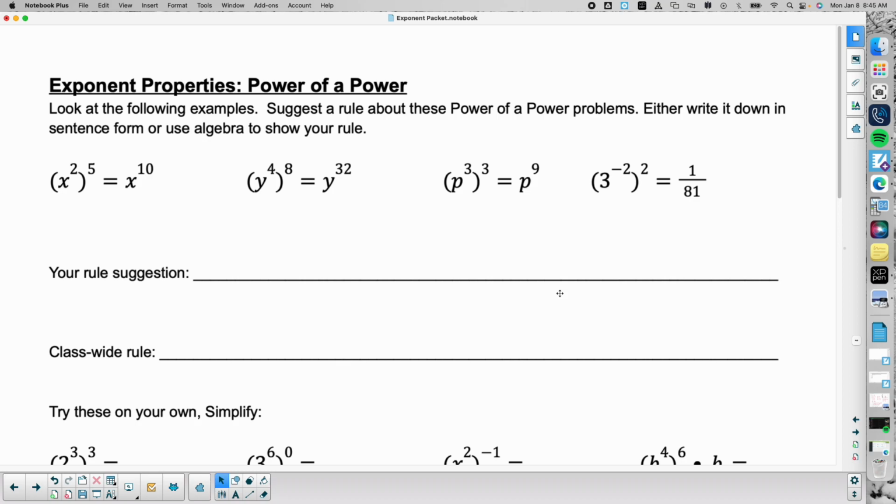So we've got x^2 to the 5th power is x^10. y^4 to the 8th power is y^32. p^3 cubed is p^9. 3^-2 squared. Oh, well, isn't that actually kind of misleading? That would become 3^-4, which turns into that.